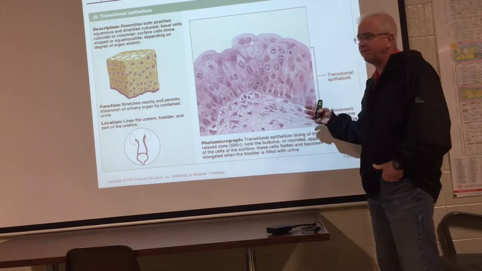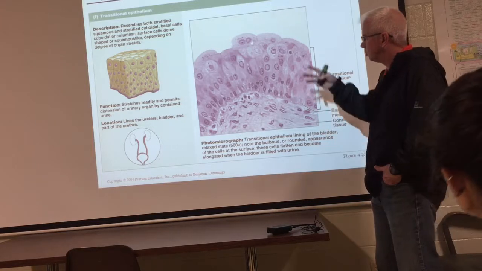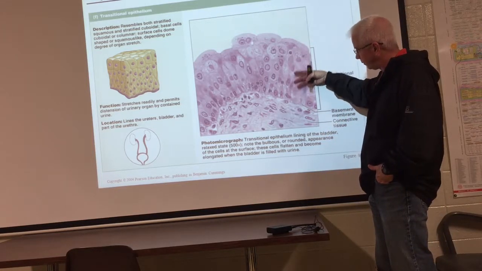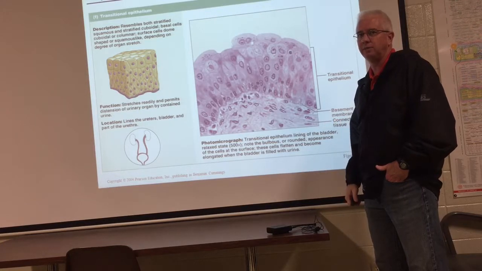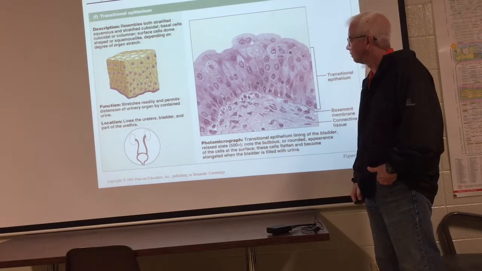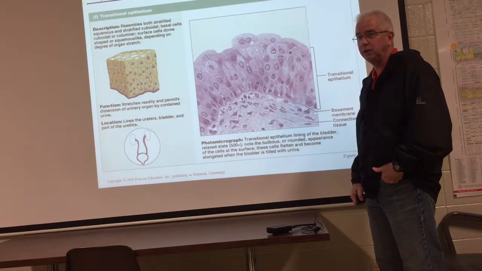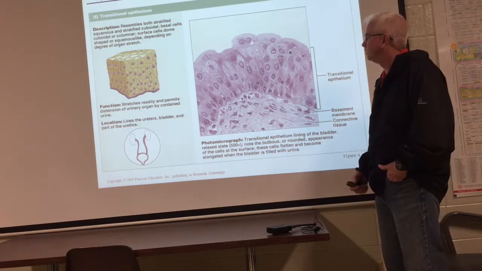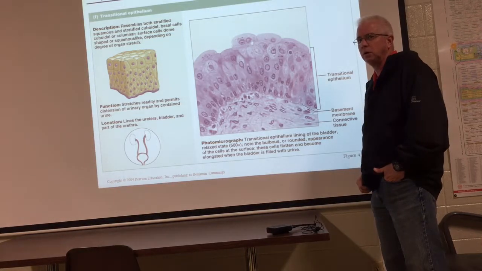So without defining it for a student, I would ask you to look at this epithelial lining right here and tell me, is it simple or is it stratified? I'm not trying to trick you. It looks stratified, doesn't it? Okay, good. The second question then: is it squamous, cuboidal, or columnar?